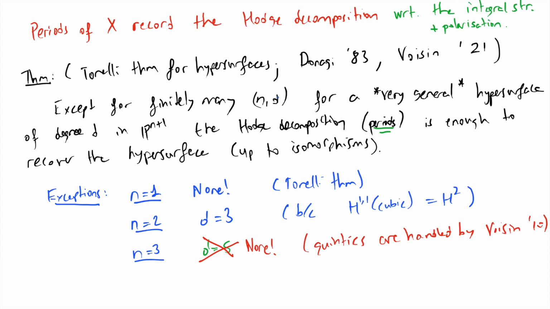And then for higher dimensions, there are two infinite sequences of possible exceptions. I will not write these infinite sequences here. You can check Voisin's paper or Donagi's paper. The point is, these infinite sequences were first given by Donagi, and what Voisin does is that she proves that at some point we can truncate these infinite sequences and we'll ignore the infinite tail.